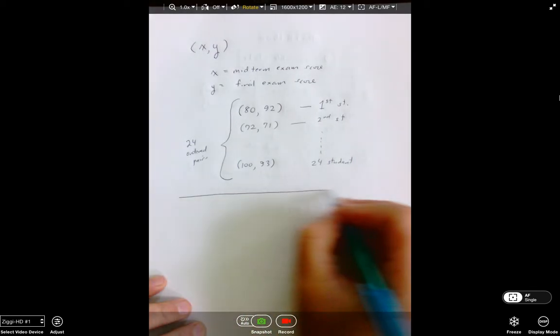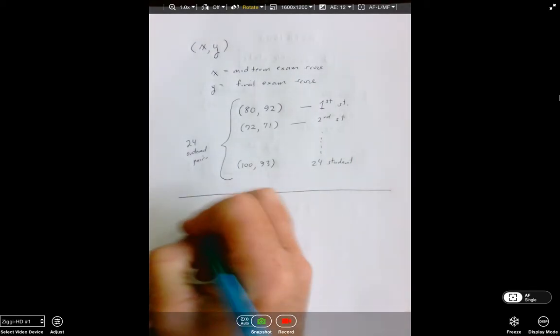Now, what we may want to do here is kind of twofold.